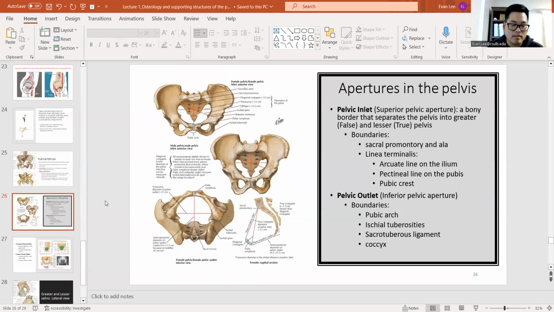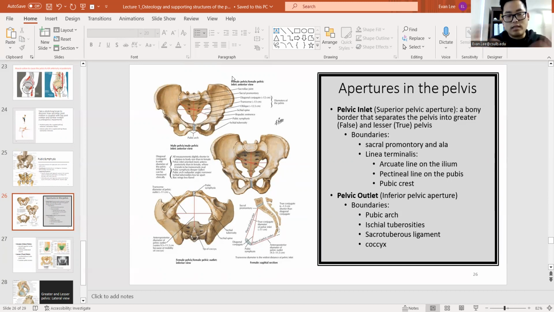Now, the pelvis is also unique in that it forms a large circle or large opening, and these will be known as the pelvic inlet and outlet, but they will also have some more specific boundaries. So to start off with, the pelvic inlet is basically where everything goes into the pelvis.